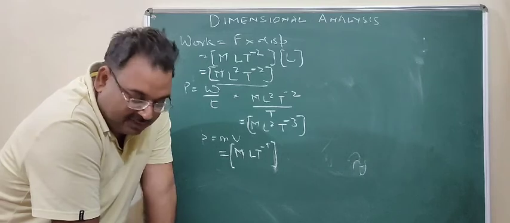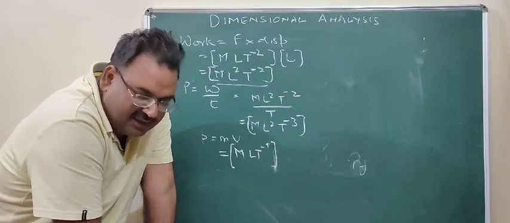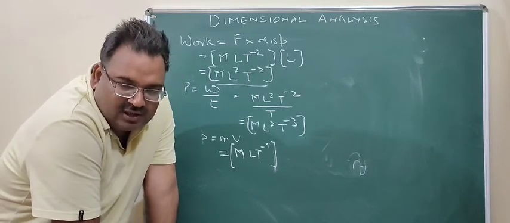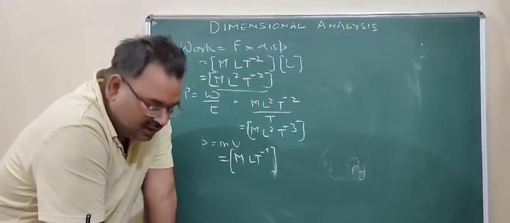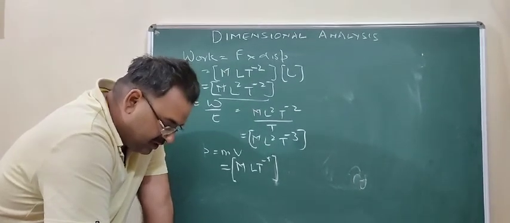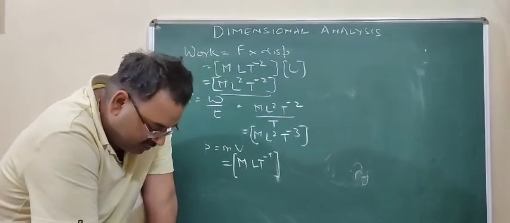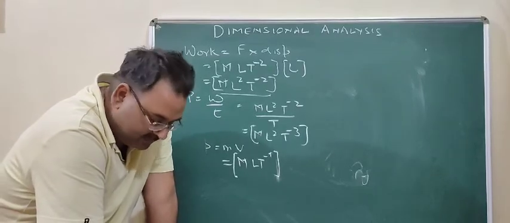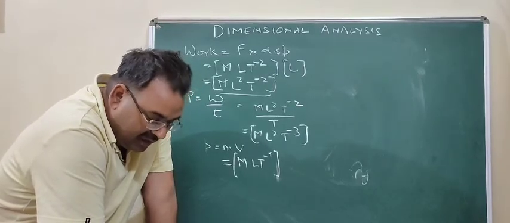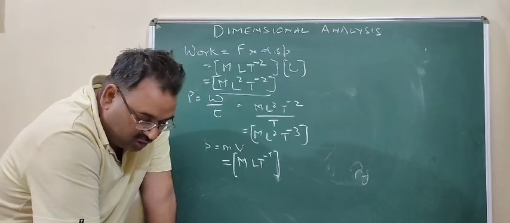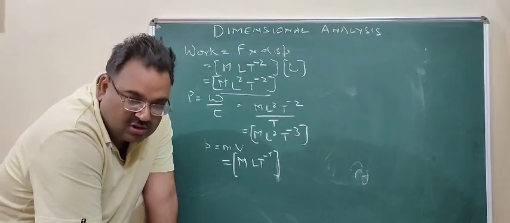So in the coming chapters, as and when they come, you will also write the dimension for any physical quantity such as surface tension, surface energy, coefficient of viscosity, gravitational constant, angular momentum, torque, latent heat, Planck's constant.